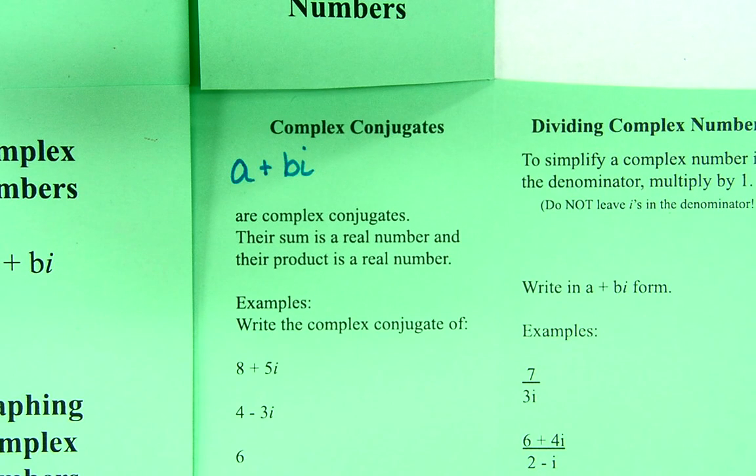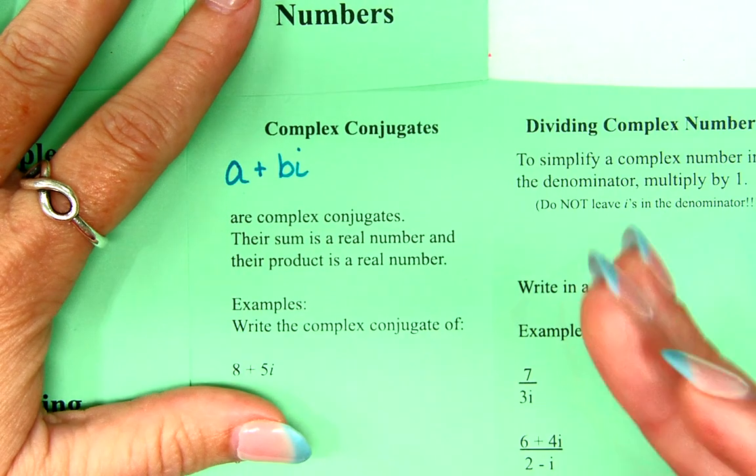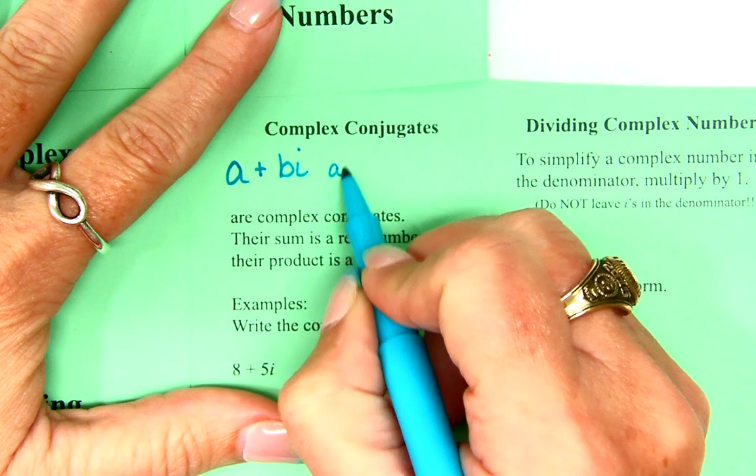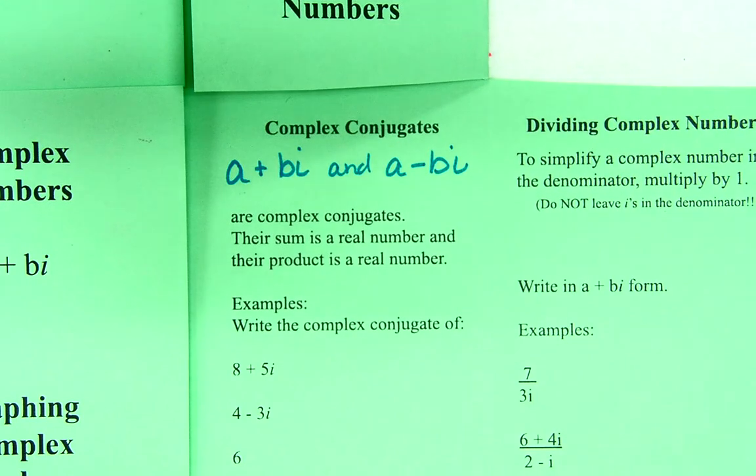Think about a couple of days ago when we talked about conjugates to get rid of radicals in the denominator. What did we do to the radical? Made it negative, right? We changed the sign. So if a plus bi is 1, what's the other one? Perfect.